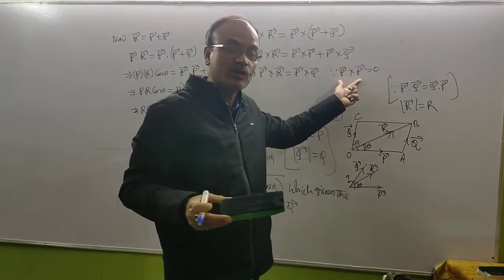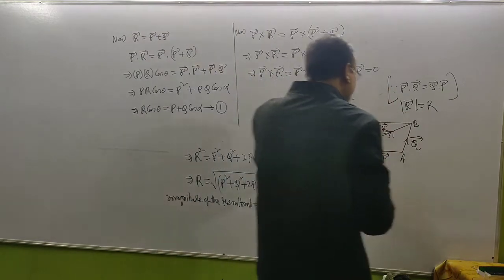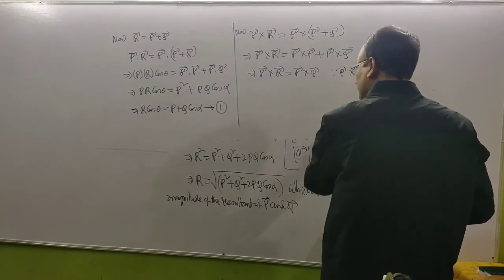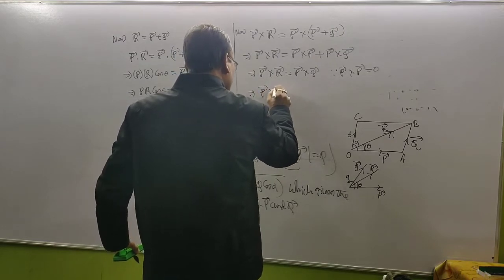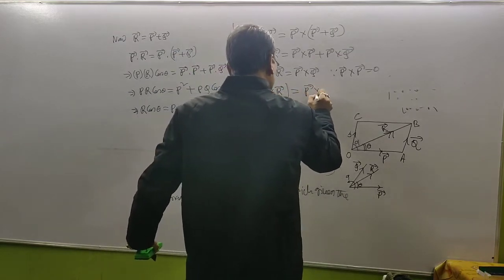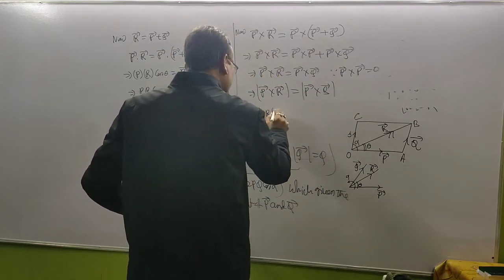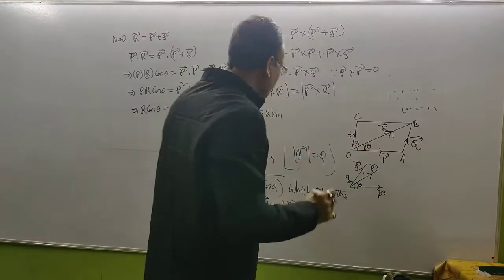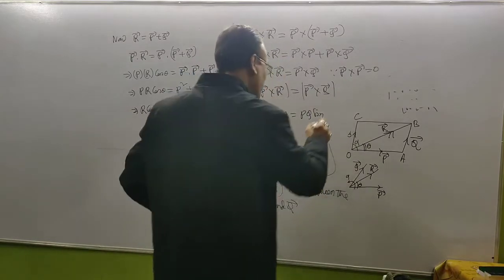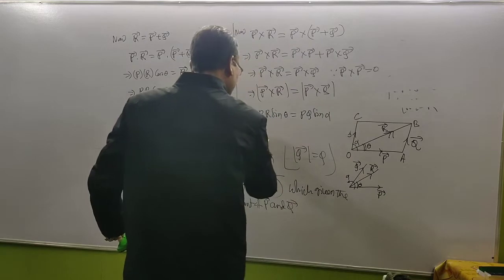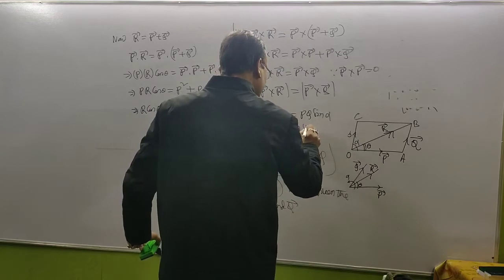The angle between P and P is 0, therefore sin 0 equal to 0. Two vectors are equal means magnitudes are also equal. This means P R sine theta, the angle between P and R is theta, equal to P Q sine alpha, the angle between P and Q is alpha. P will be cancelled, R sine theta equal to Q sine alpha.